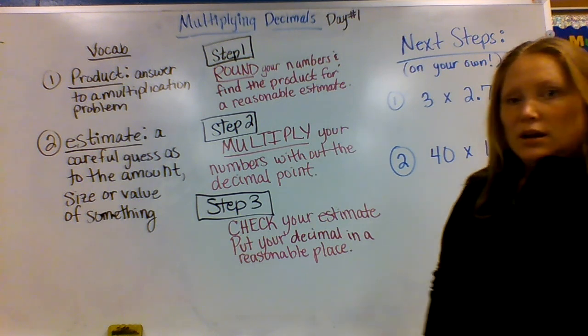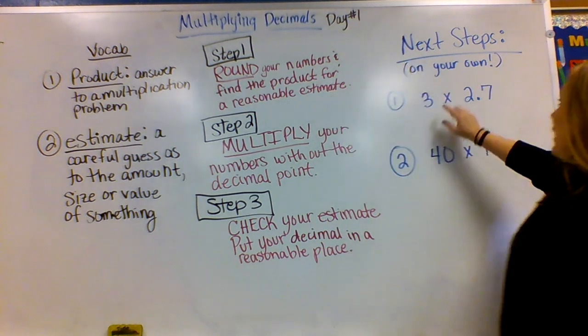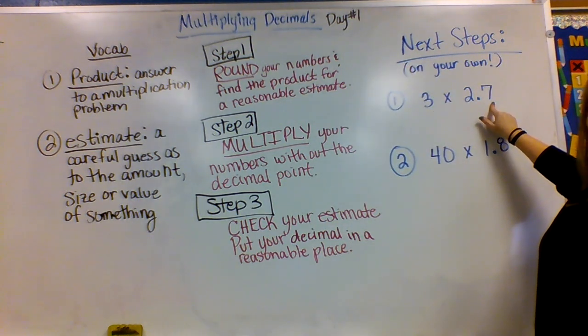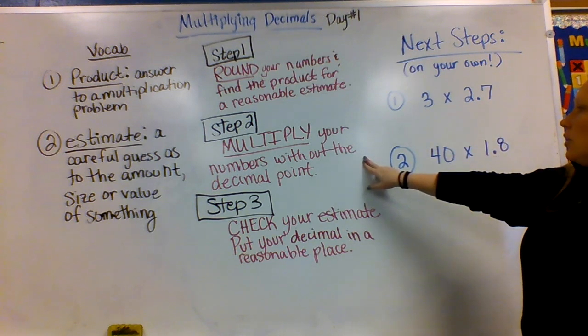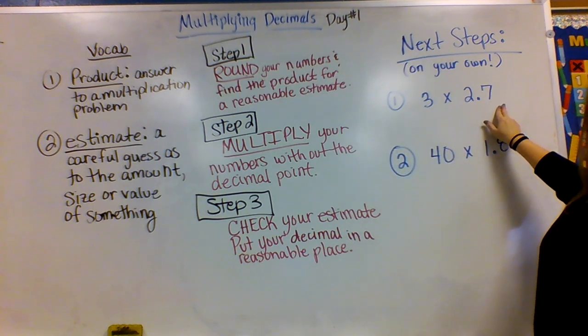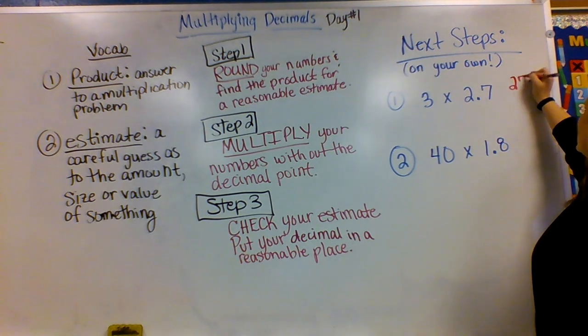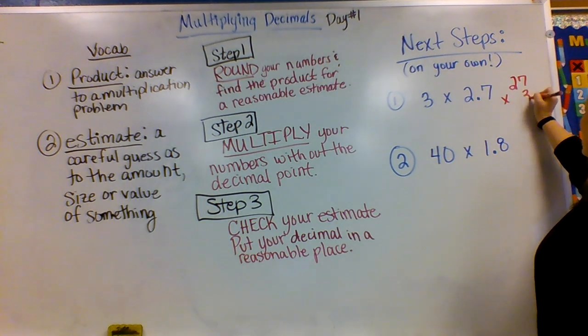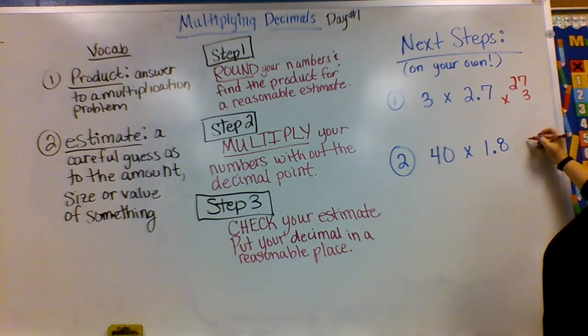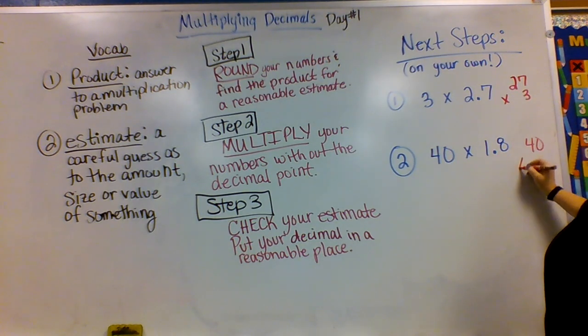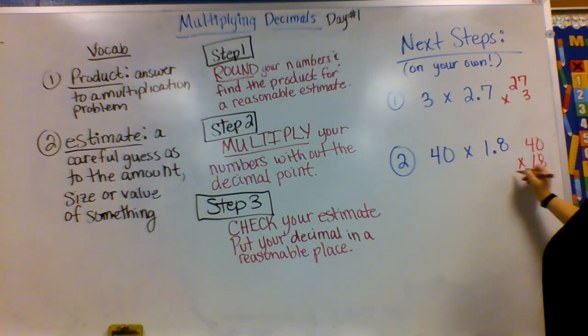All right? Make sure you follow the steps. Round your numbers first to make an estimate. Then multiply your numbers without the decimal point. All right? So this one without the decimal point would be 27 times 3. And this one here would be 40 times 18.